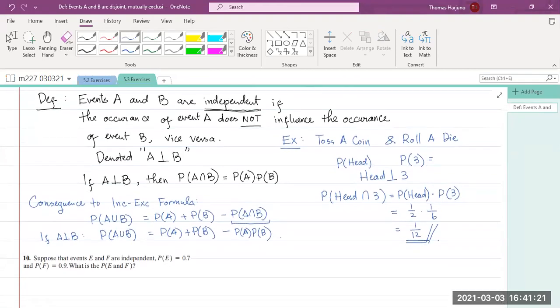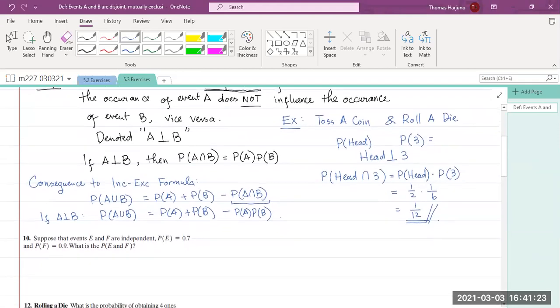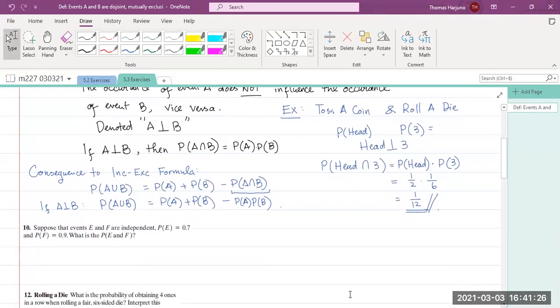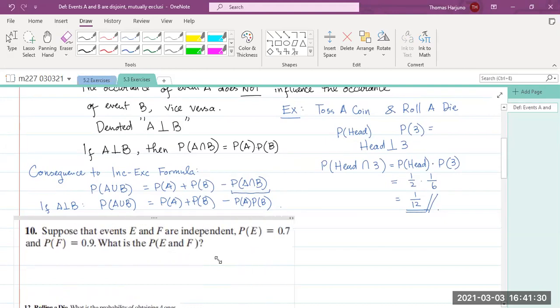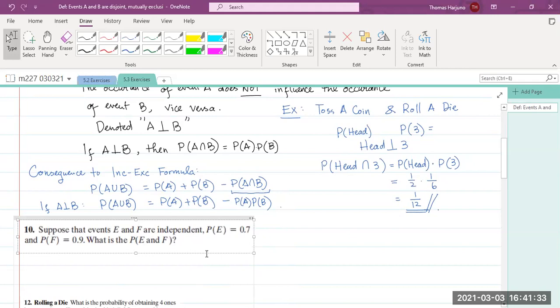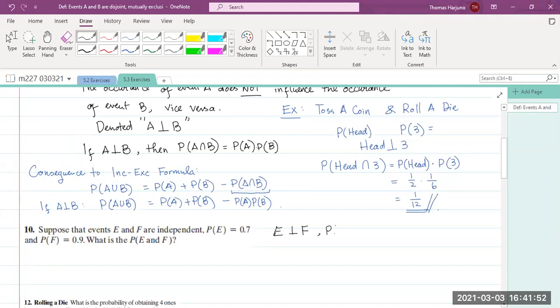Oh, okay, let's start working on problems. Suppose events E and F are independent. So A independent of B, I'm sorry, E and F are. Suppose event E is independent of event F. Probability of event E is 0.7.